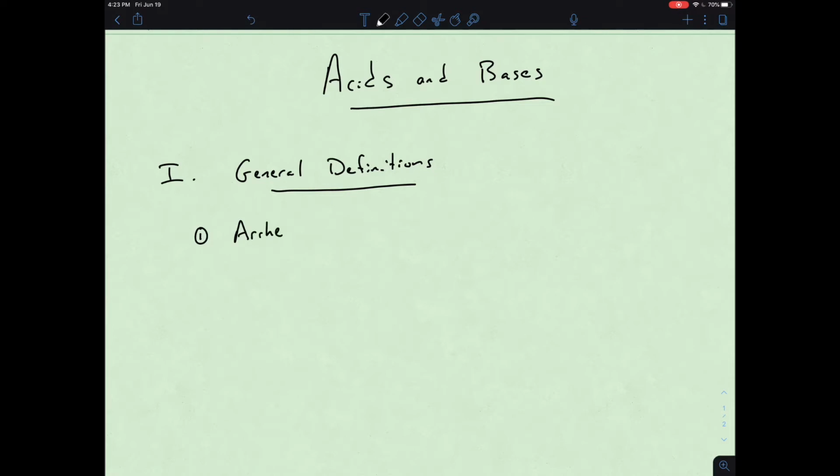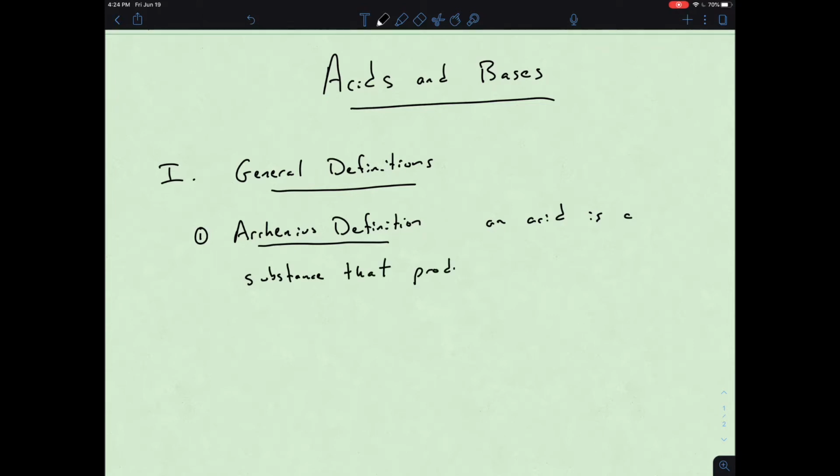We have the Arrhenius definition. Arrhenius said that an acid is a substance that produces protons, and a base is a substance, a molecule, that makes hydroxide.